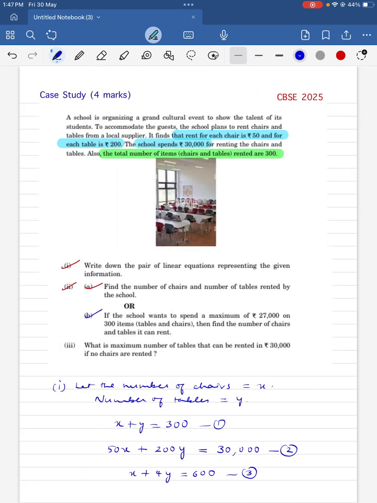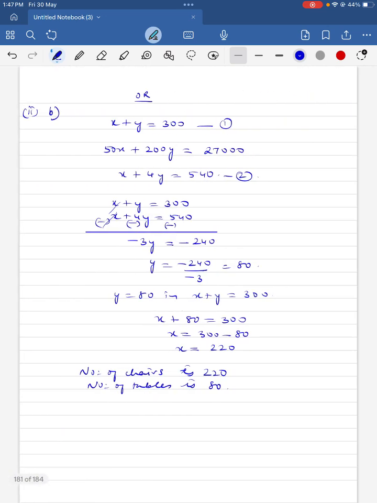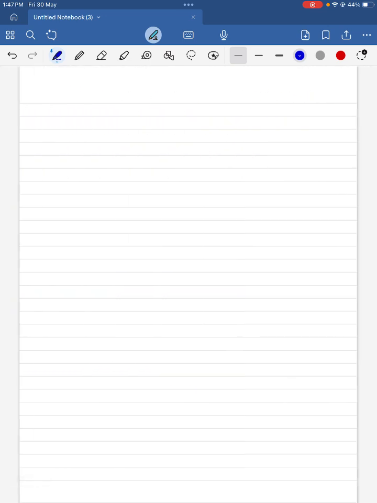Now in the last part, they're asking you to find out what is the maximum number of tables that can be rented in rupees 30,000 if no chairs are rented. So they don't want to rent any chairs, but just the tables. Okay, so just tables. So that is number of tables. And we know the cost of one table is 200. So if I divide 30,000 divided by 200, I will get the number of tables it can rent.